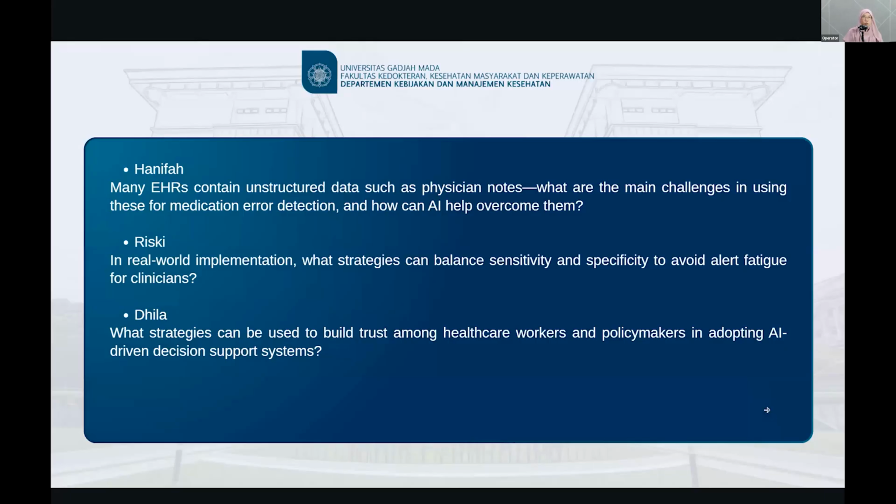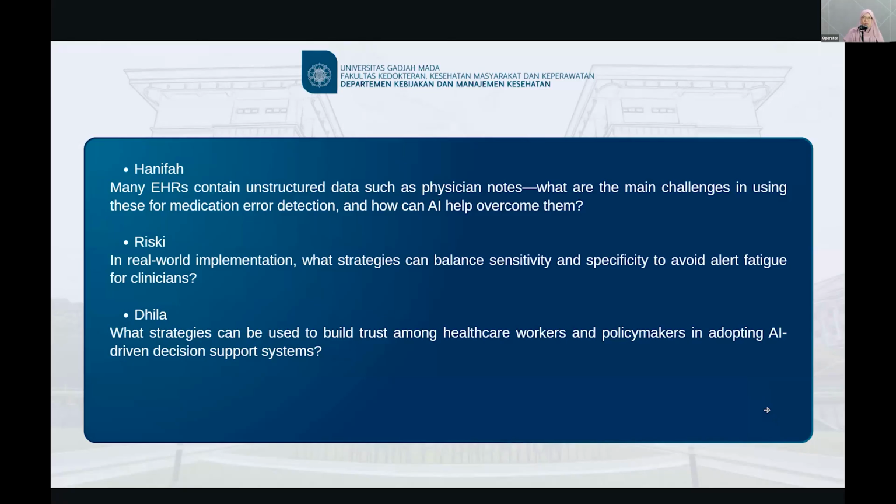The first question is from Hanifa. It says that many EHRs contain unstructured data, such as physician notes. What are the main challenges in using this for medication error detection, and how can AI help overcome them?